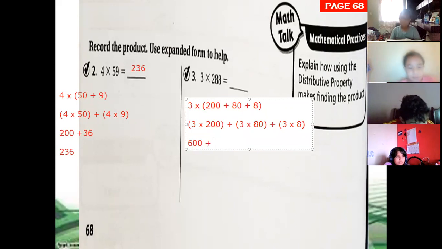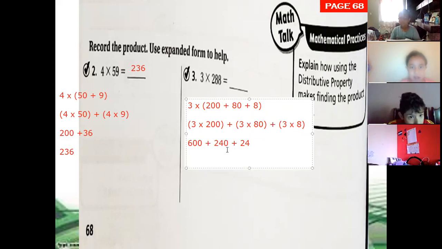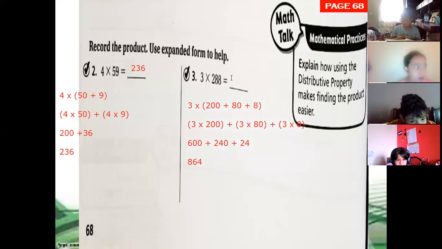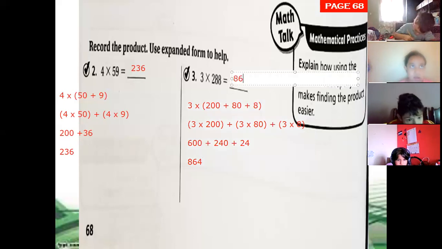Plus 3 times 80 is 3 times 8, 24, and I add a 0. Plus 3 times 8 again, 24. So we add this: 600 plus 240 is 840, plus 24, 864. So that's the answer here, 864. Copy that answer, please.